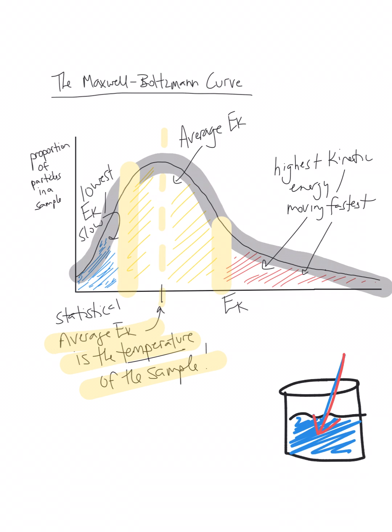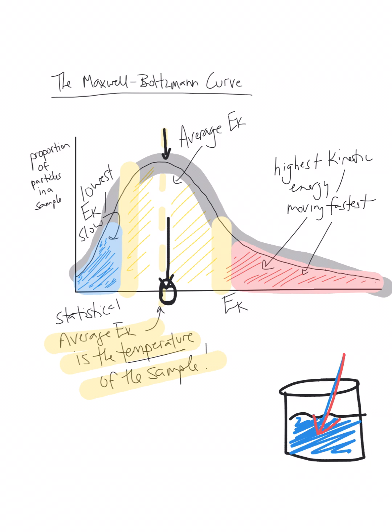But there will be some molecules in that sample that have a very high kinetic energy, and they're at the right tail here. And there'll be some that are moving very slowly and have a very low kinetic energy, okay? But on average, if you want to know the temperature, you're going to drop a vertical from the highest point of the curve, from right here, and then you're going to drop that down, and whatever the kinetic energy is here is going to be what we would call the temperature because it's the average kinetic energy.